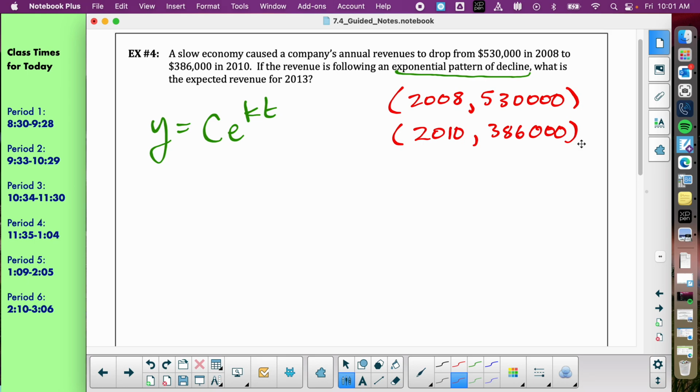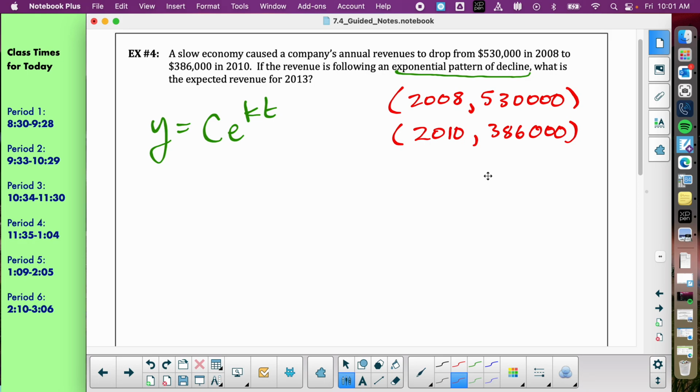So two equations, two variables, like pre-calc algebra 2. So you'd have to set them equal to each other with two situations just to find an answer. K can be negative, yes. That's what we should find.